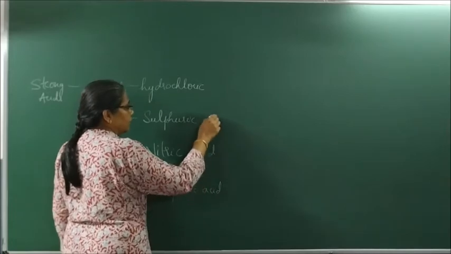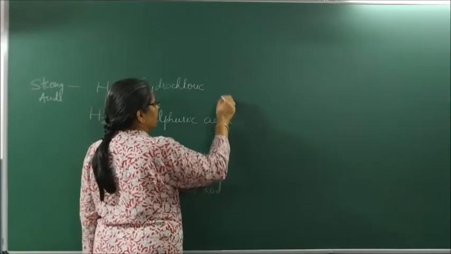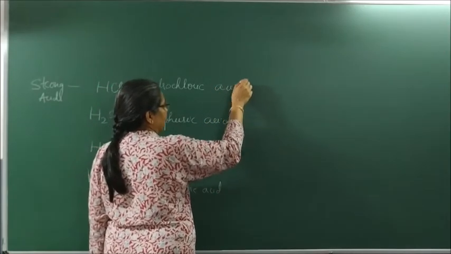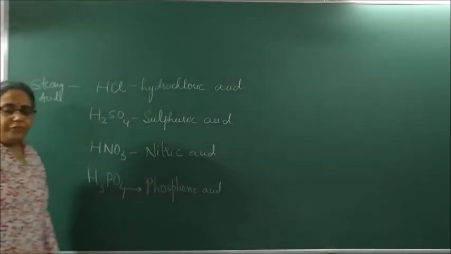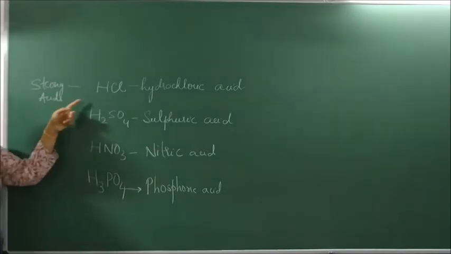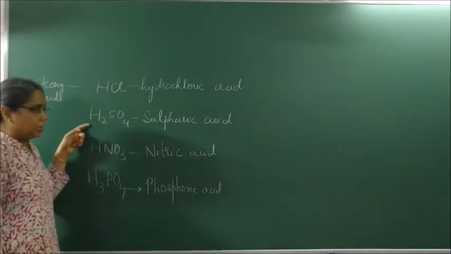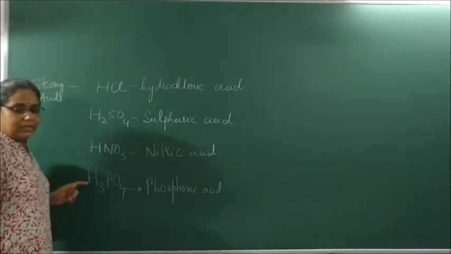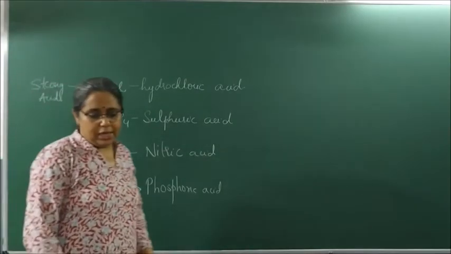Nitric acid, sulfuric acid and phosphoric acid. So you generally find these are all important acids which are very, very strong, such as hydrochloric acid, sulfuric acid, nitric acid and phosphoric acid.